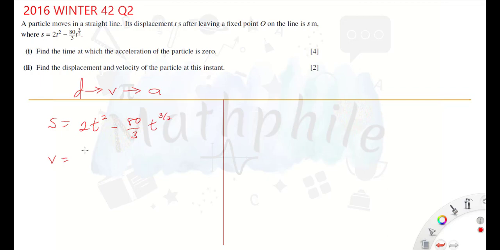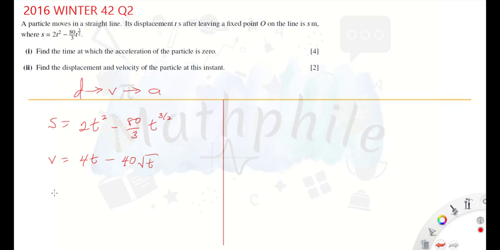v will be equal to the derivative of this. If you differentiate 2t squared, what will you get? 4t. That is very good. Minus, this should be 40 t raised to the power 1 over 2. Cross check, is it correct? Yes, that's correct.